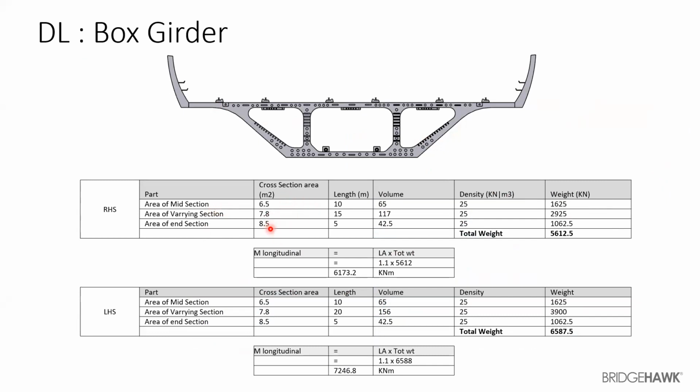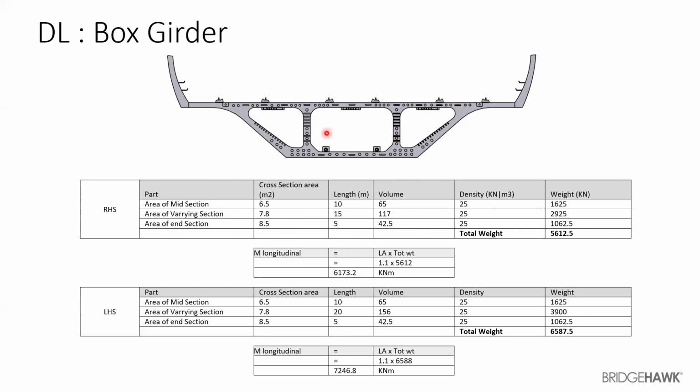And if you see over here, I've somewhat taken this value from an actual design report. The area of the end section, as I just discussed, since it is going to have a thick diaphragm, is more. Towards the end of the segment, the webs would thicken because we need an additional provision for shear forces.